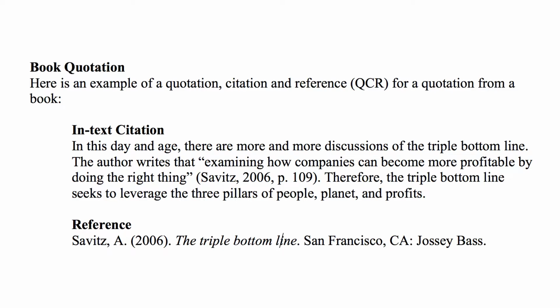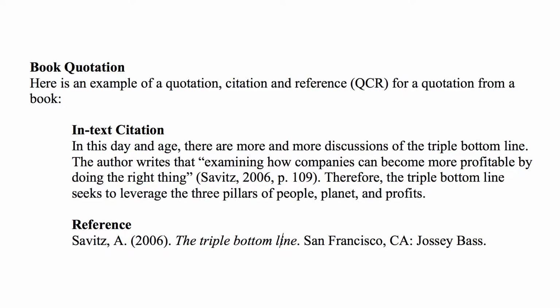Author Savitz, comma, space, first initial, period, space, parenthesis, year, parenthesis, period, space. The triple bottom line, that's the title of the book. It's in italics. Notice only the first letter is capitalized. Period, space. San Francisco is the city, comma, space, 2 letters for the state, colon, space. Josey Bass is the publisher, period.